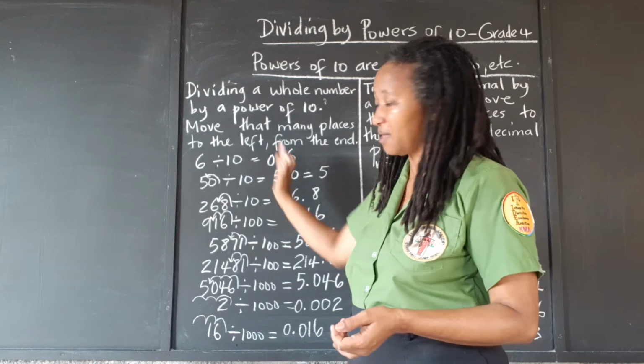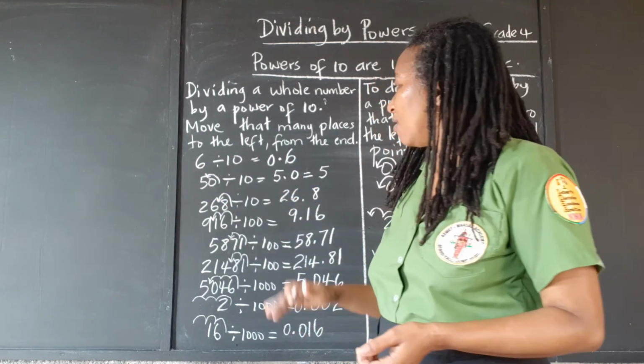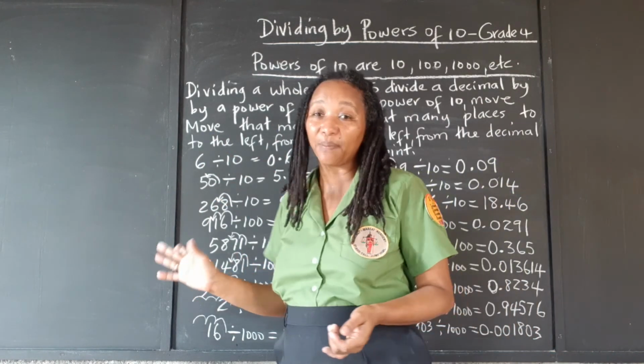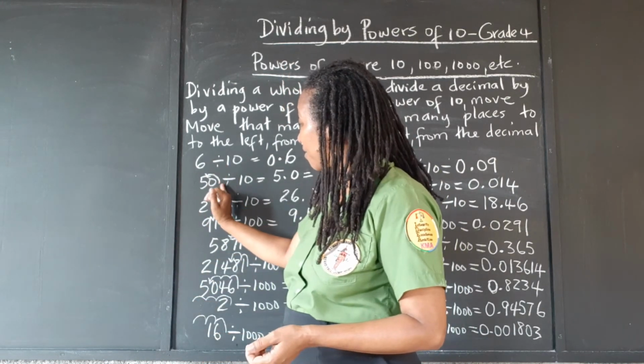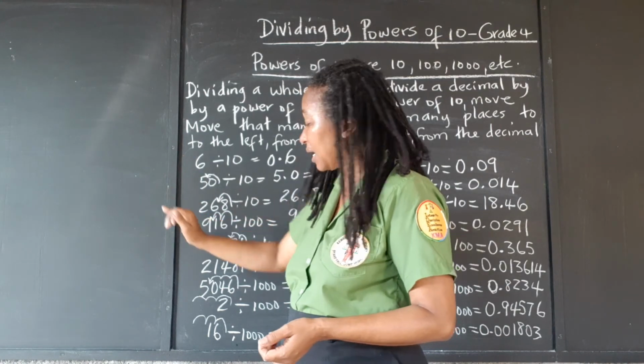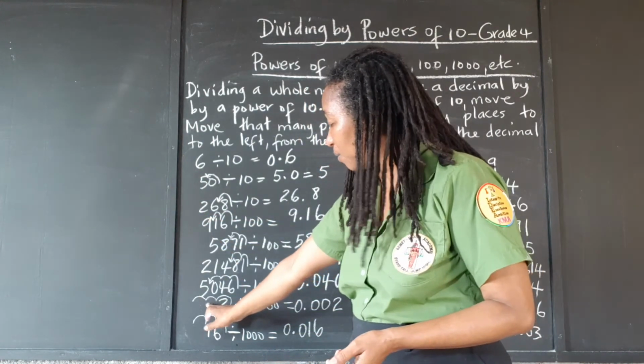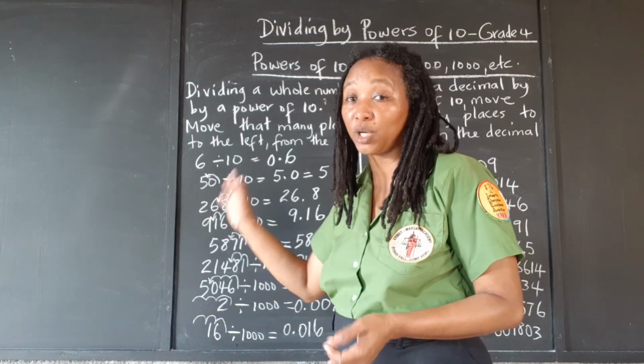For whole numbers, since we have an imaginary decimal point at the end of the whole number, we move from there to the left.